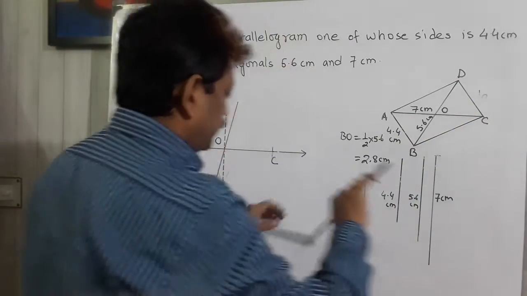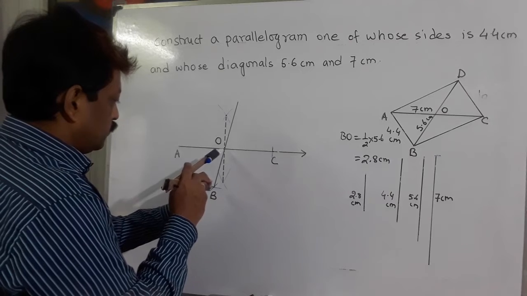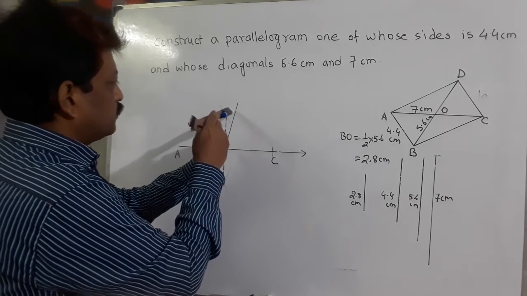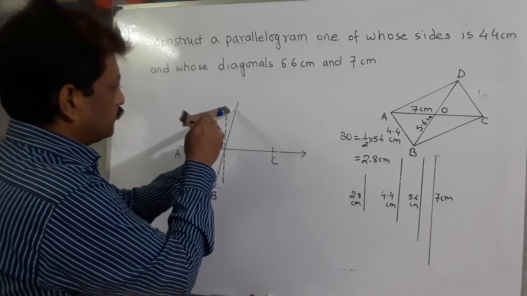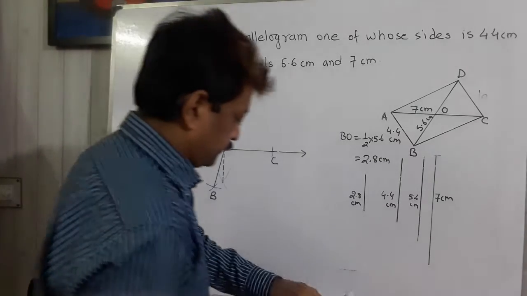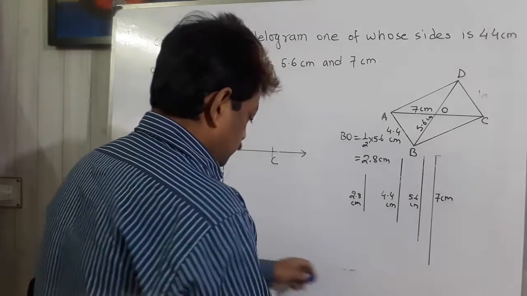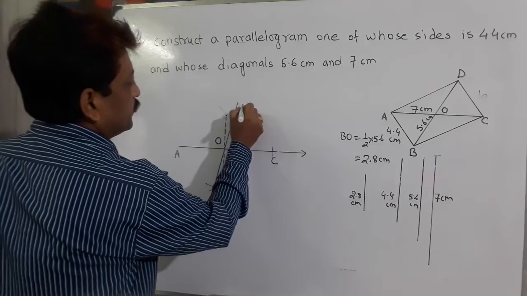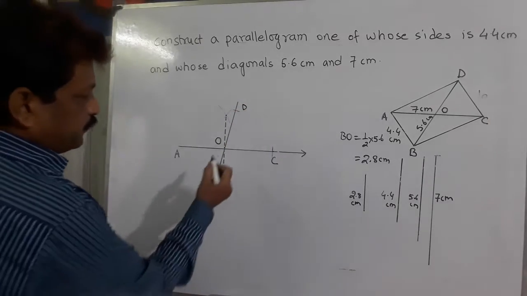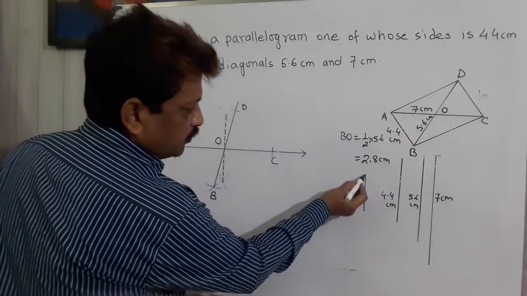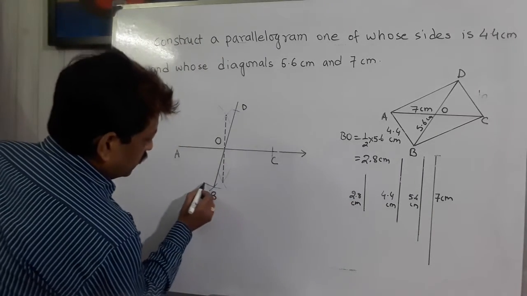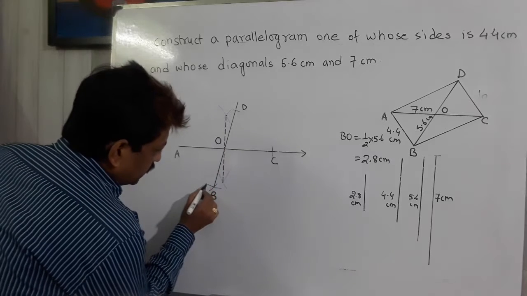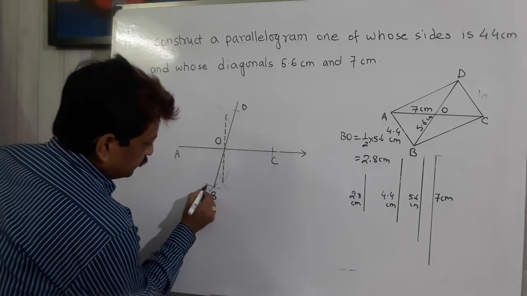Now I have to find D also. Since OB is 2.8, then OD is also 2.8. This is D. Okay. So from O, I have taken an arc whose length is 2.8 centimeter. An arc is drawn here.